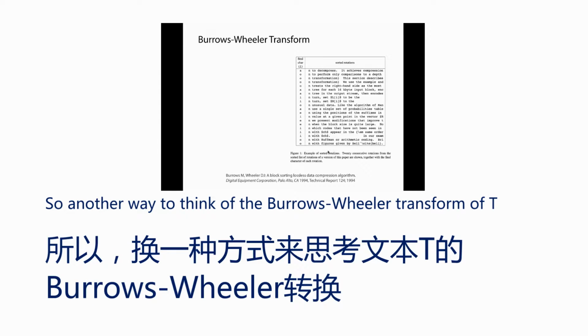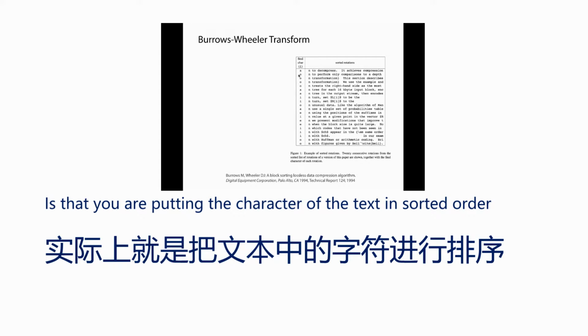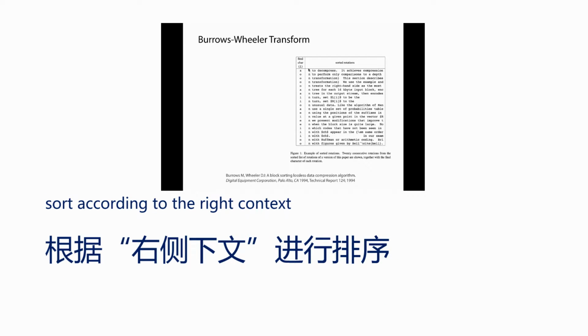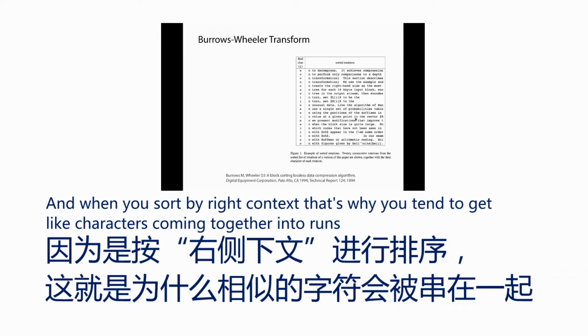So another way to think of the Burrows-Wheeler transform of T, of that permutation of T, is that you're putting the characters of the text in sorted order, but sorted according to the stuff that comes right after. Sorted according to the right context, I'll call it, of every character in T. And when you sort by right context, that's why you tend to get like characters coming together into runs.